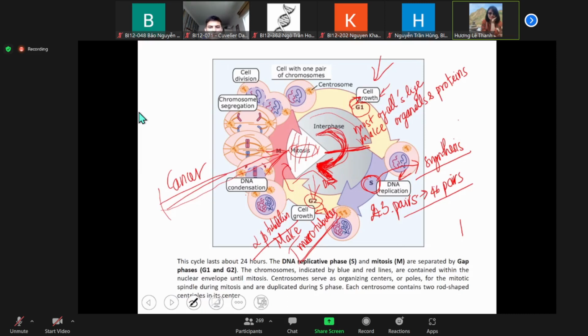Once, there is one process that I think is very exciting, in which some of the cells are not in interphase.